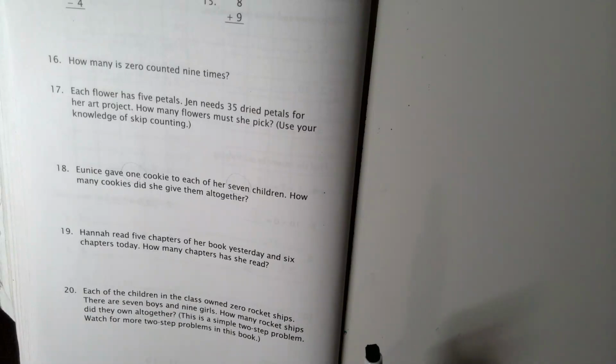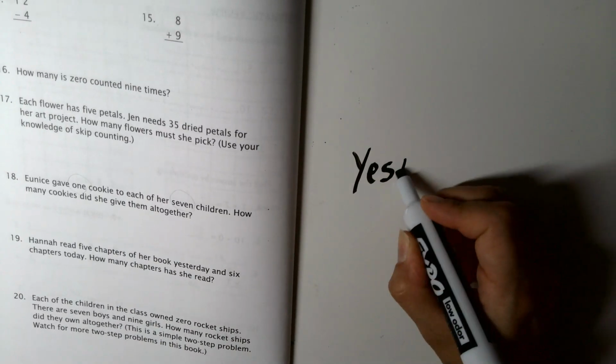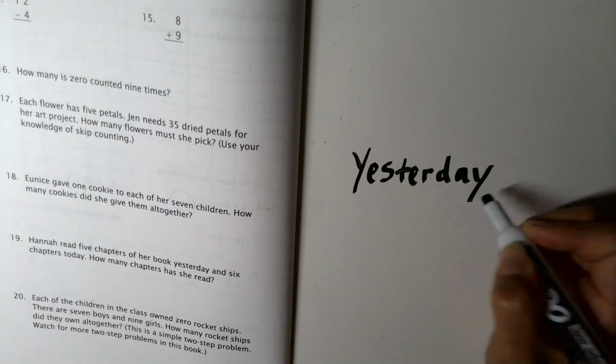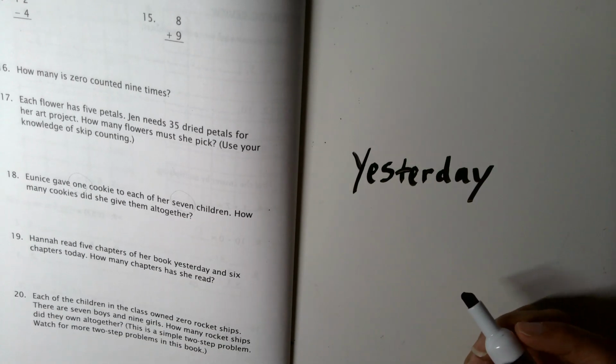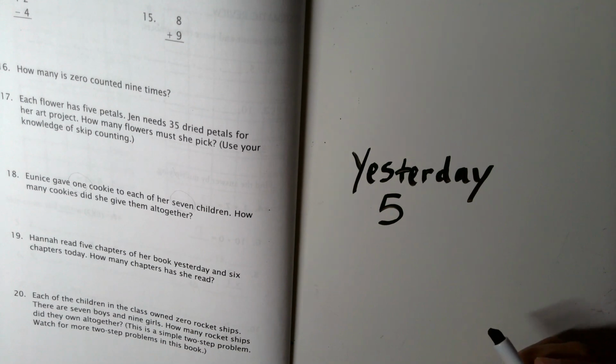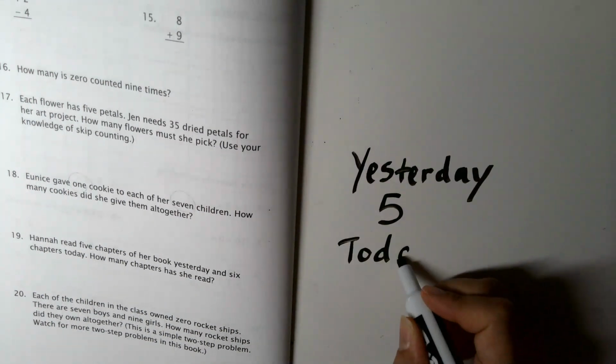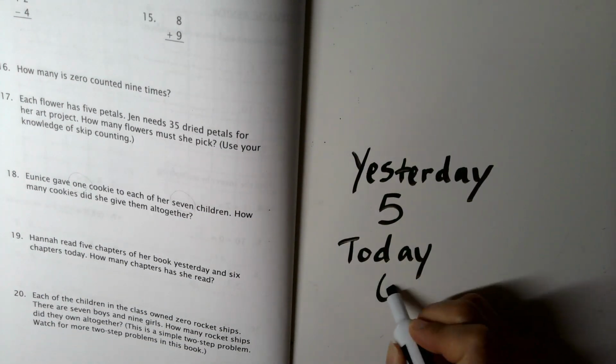Okay? So it says Hannah read 5 chapters of her book yesterday. So yesterday, Hannah read how many chapters? 5 chapters. And then it says, and 6 chapters today. So today, how many did she read? She read 6 chapters. Okay?